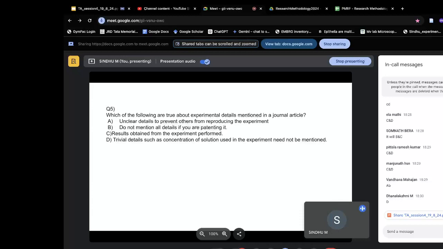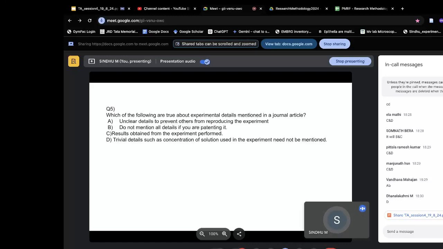This replicability is a very important point in research. So in the method section it is important to give all the necessary details so that others can also do our experiments and get the same results that we get. So that's why option A is not correct. We have to give proper details.